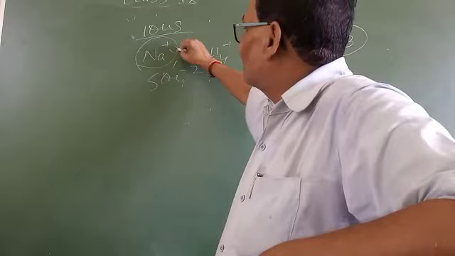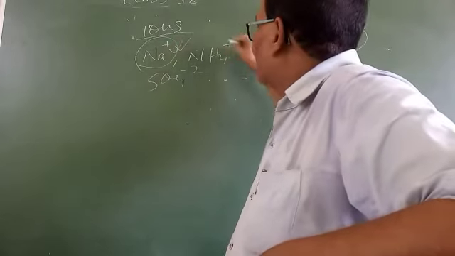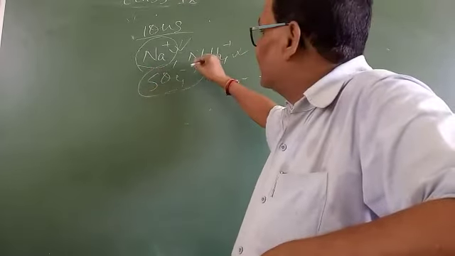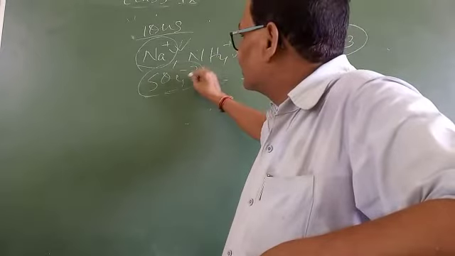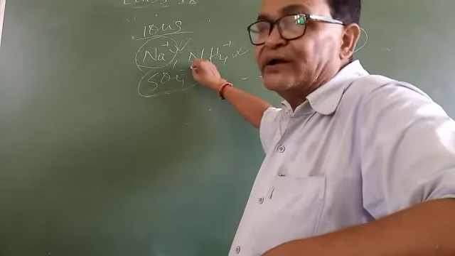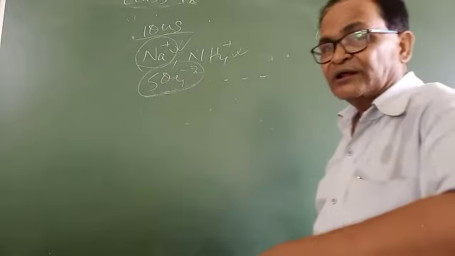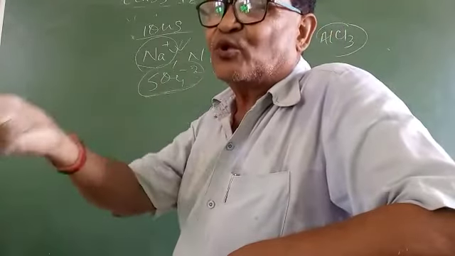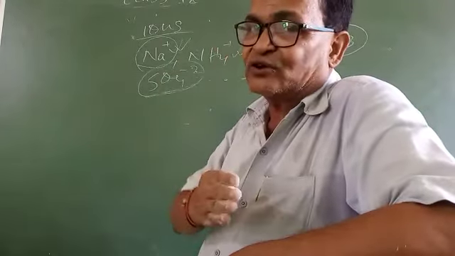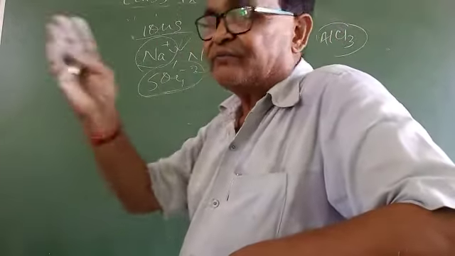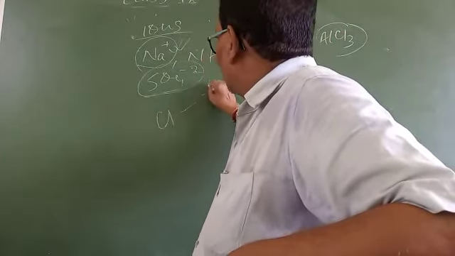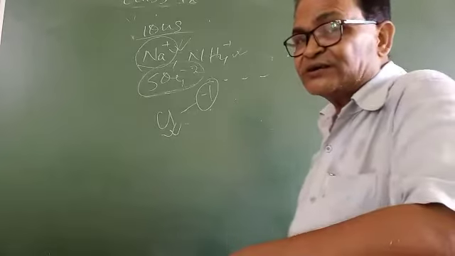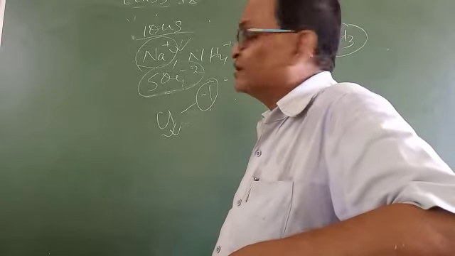So the valency of sodium is +1, ammonium is +1, and sulfate ion has a -2 charge on it. So the valency of sulfate ion is -2. When an ion is formed by losing electrons, its valency is called positive, and when an atom gains electrons, its valency is negative. For example, the valency of chlorine is -1 because chlorine gains 1 electron to get the stable structure of argon.